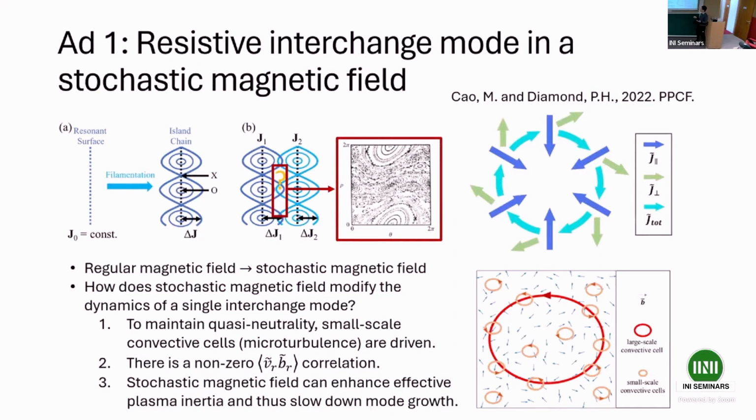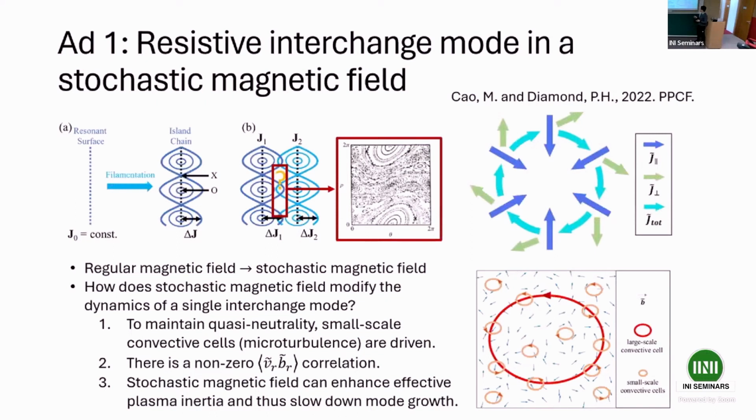However, in a tokamak, when two magnetic islands overlap, in the overlapping area the field lines become stochastic, which means two infinitesimally close field lines will diverge in space very quickly, exponentially. So we would like to ask, how does this stochastic magnetic field modify the dynamics of a single interchange mode? This question is motivated by the adoption of a technique called resonant magnetic perturbation in tokamaks.